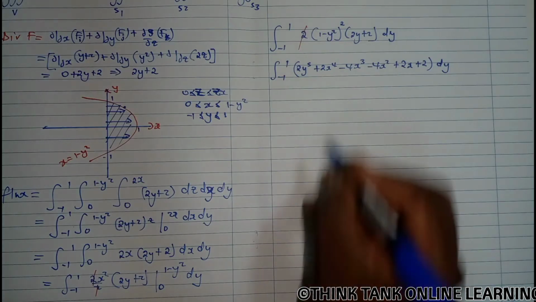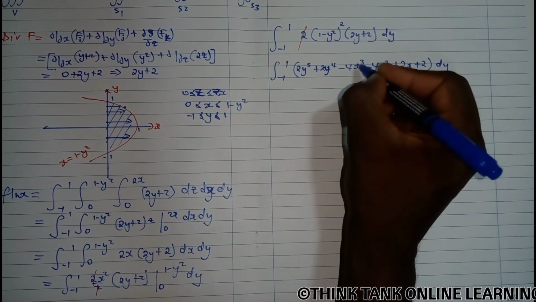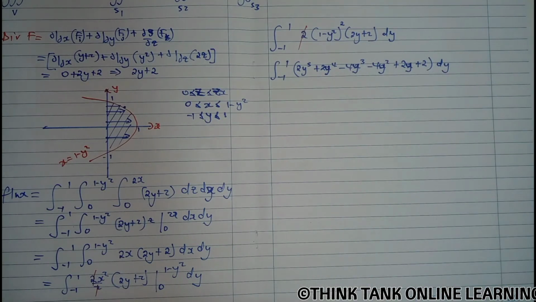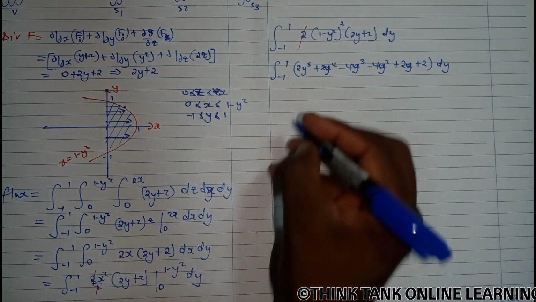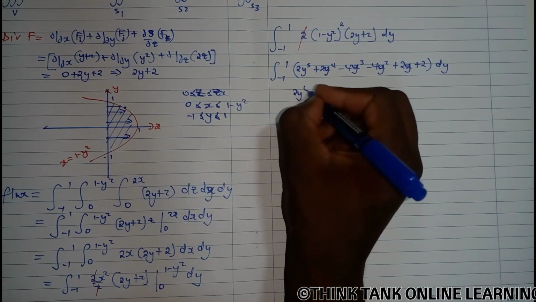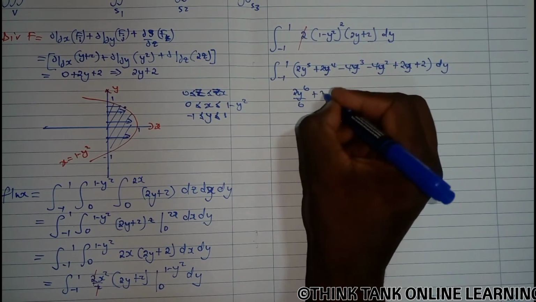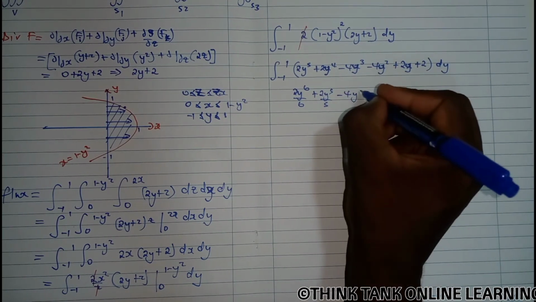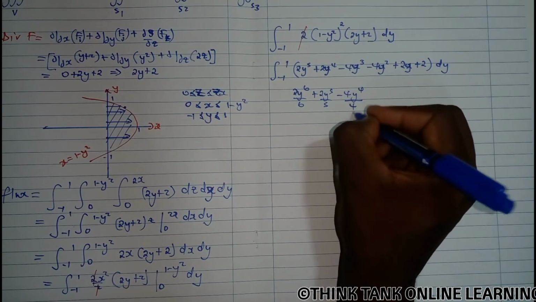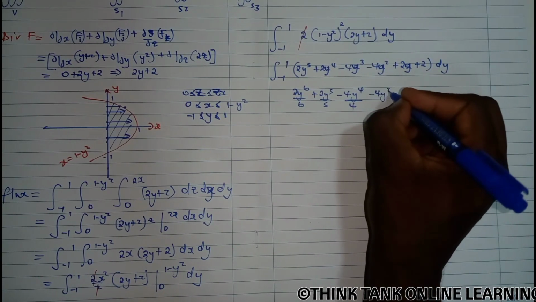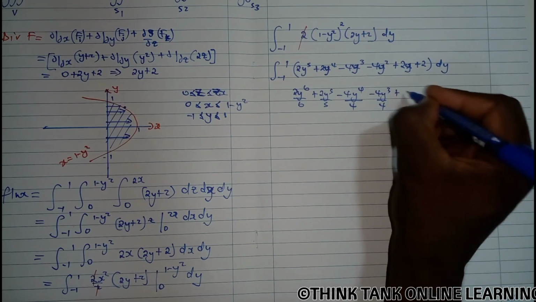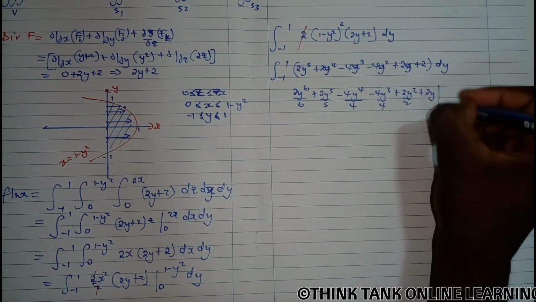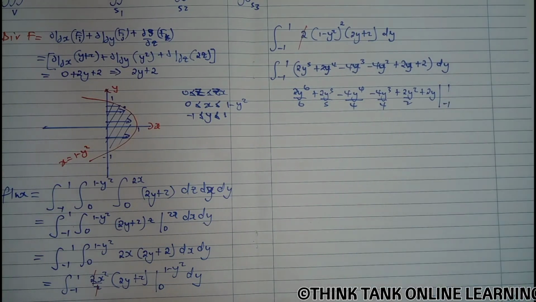Now I'm going to integrate with respect to y. So I'm going to have 2y to the power 6 over 6 plus 2y to the power 5 over 5 minus 4y to the power 4 divided by 4 minus 4y to the power 3 divided by 4 plus 2y to the power 2 over 2 plus 2y, and my limits from negative 1 to 1.